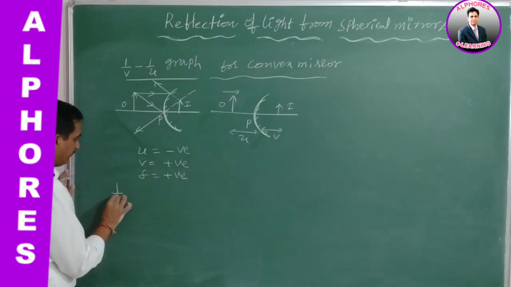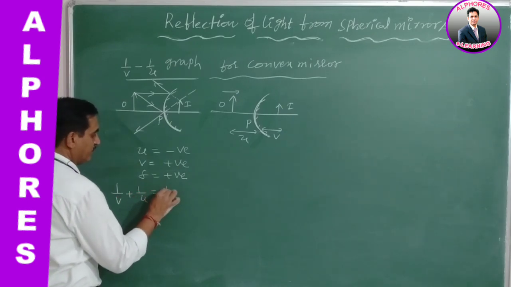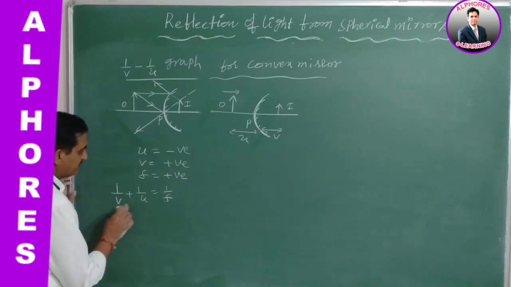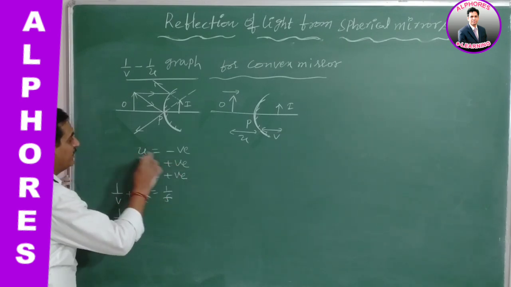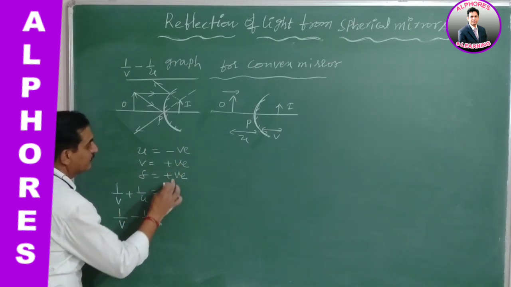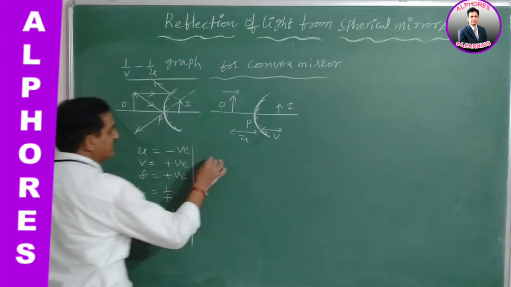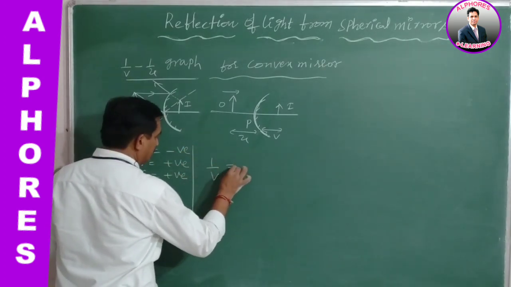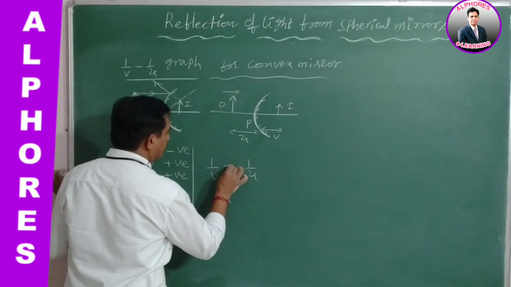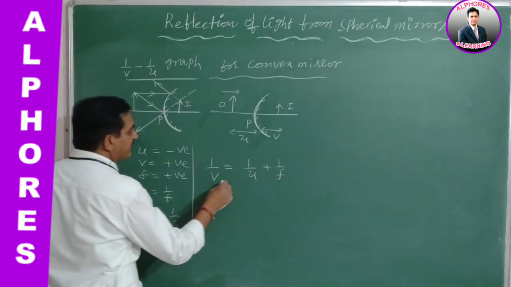Now using the mirror formula, 1/v plus 1/u is equal to 1/f. Here 1/v is positive, and u is negative, so minus 1/u equals 1/f, which is also positive. Now simplify: 1/v is equal to 1/u plus 1/f, just multiplied by 1 for our convenience.